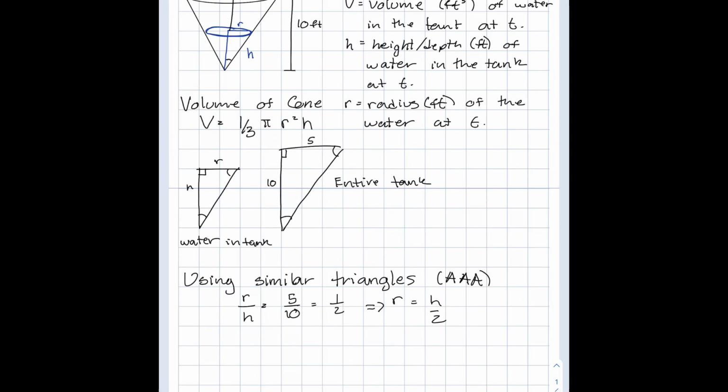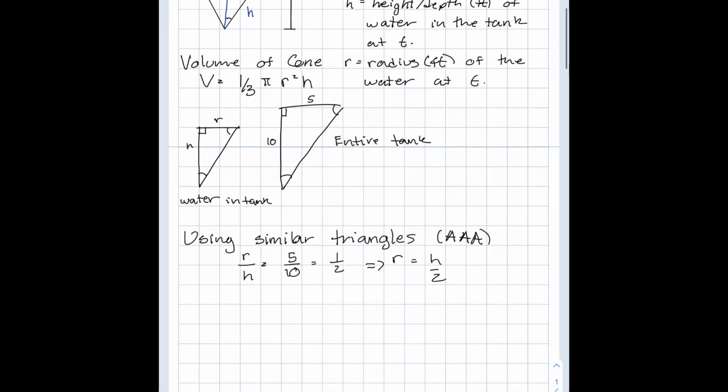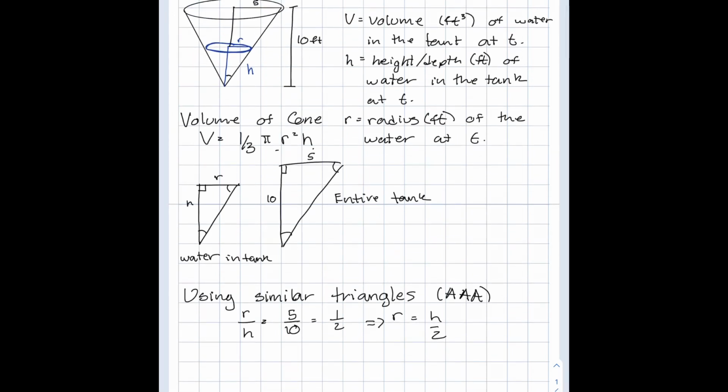I used this equation about similar triangles to get r and h in terms of each other. I did that because I have one too many variables going on. We can see here that volume, radius, and height are all functions of time. This is the volume at this time, the height at this time, the radius at this time.